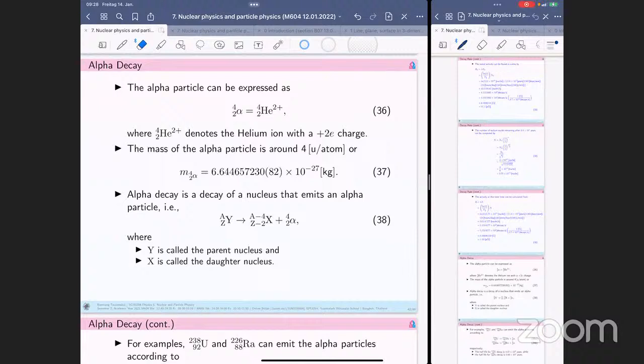Yes, the helium-4 is the main target to us. We won't consider the complete atom of helium-4 because we are talking about nuclear physics, right? We will pay attention to only the nucleus of this atom.